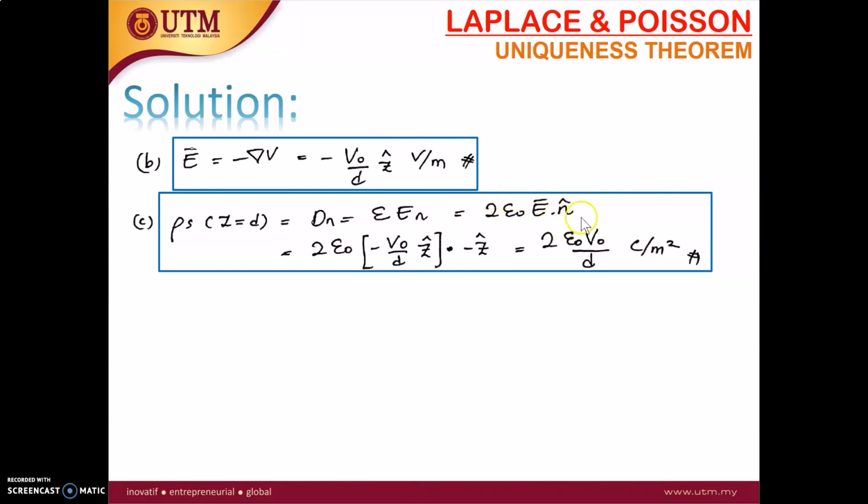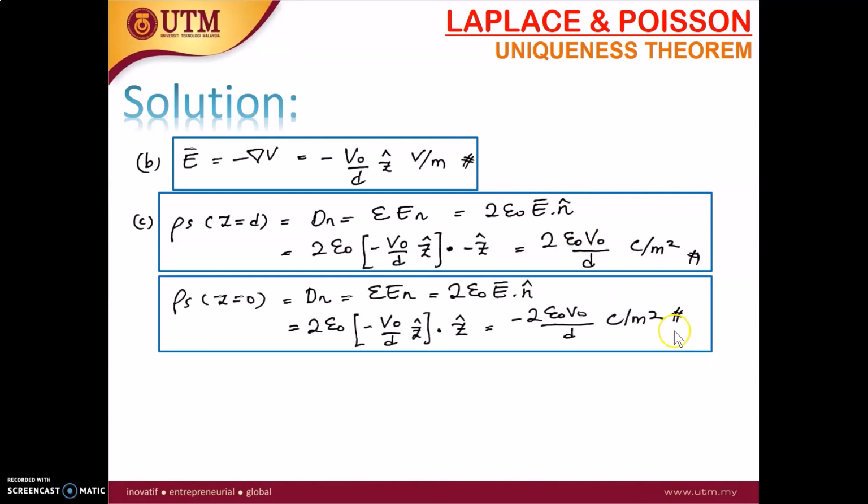The normal to the surface is also the same, going down, so 2 epsilon naught times negative V0 over D Z dot negative Z. You get rho S equal to 2 epsilon naught V0 over D coulomb per meter square. At Z equal to 0, you get the negative rho S, because the normal component is going up, so it's positive Z.